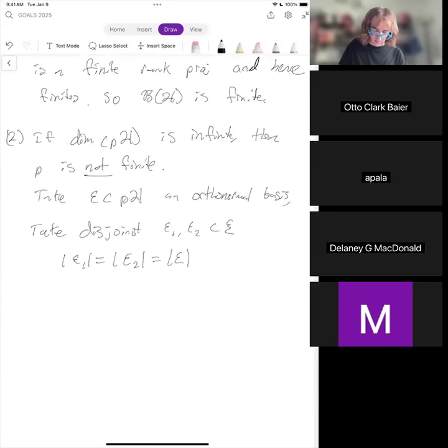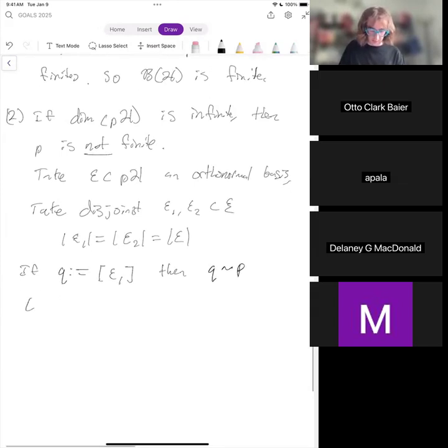Then if we take Q to be the projection onto the closed span of this first subset, then Q is equivalent to P.